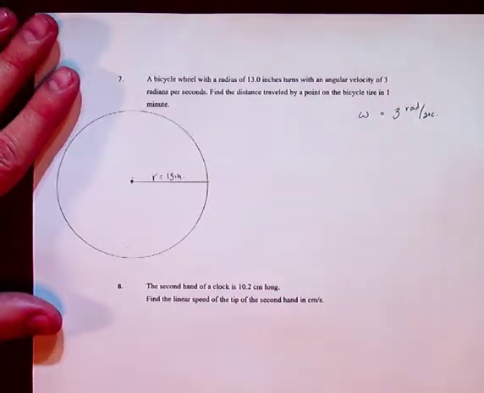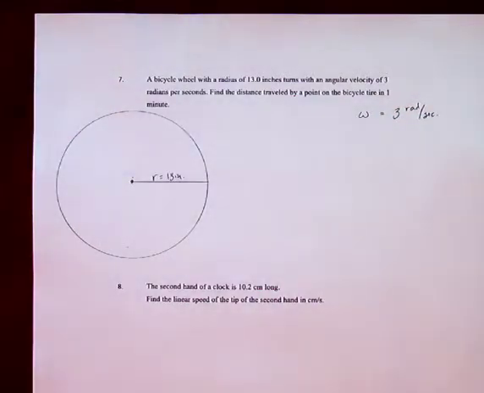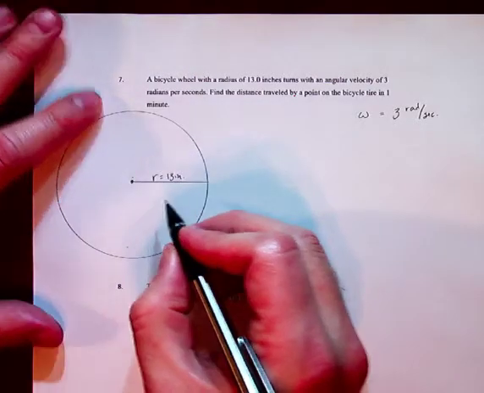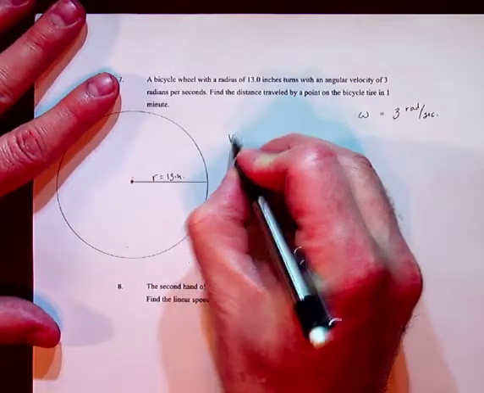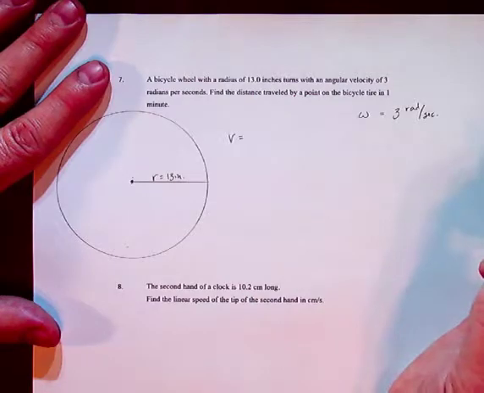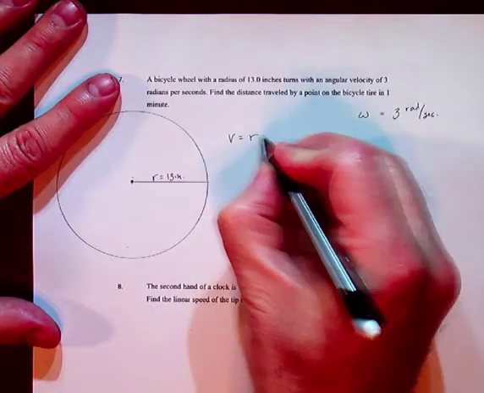Now, some people just could not get over the fact that the radians measurement was not given in terms of a pi measurement, but in terms of an integer. It's still omega whether there's a pi in there or not. So there were people who tried to take 3 radians per second and multiply it by some multiple of pi. No, okay? Now from here, we know that my linear velocity, my linear speed, is r omega, right?